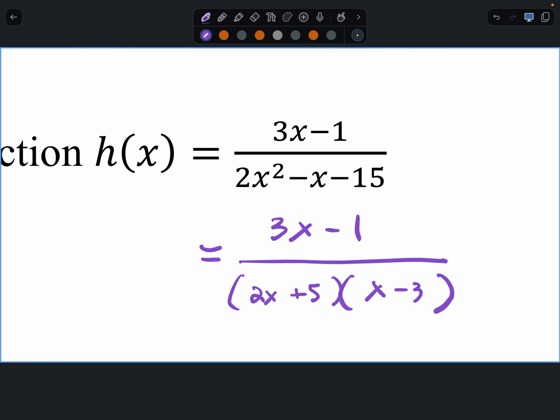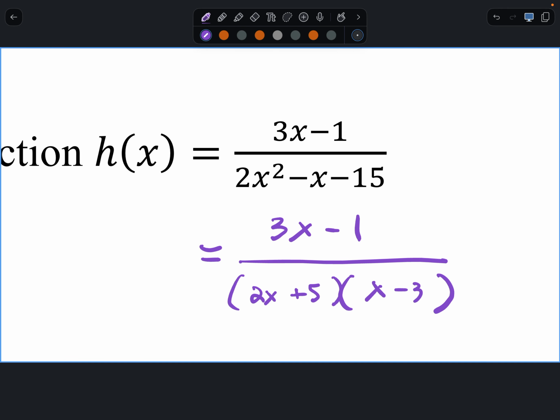It's like the AC method: you multiply the first and last terms, which gives negative 30, and then you figure out what adds to the middle. And then it would be 2x squared, and whatever adds to negative 30. Are you talking about factoring by grouping? Yeah. Okay.